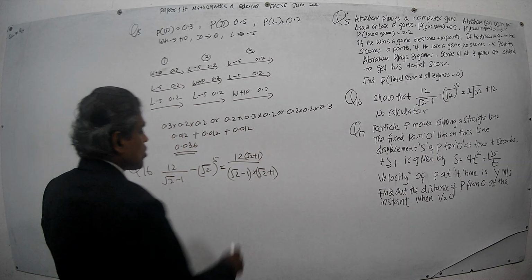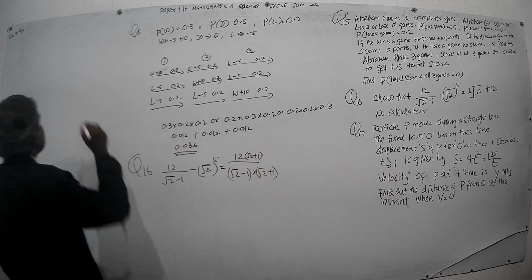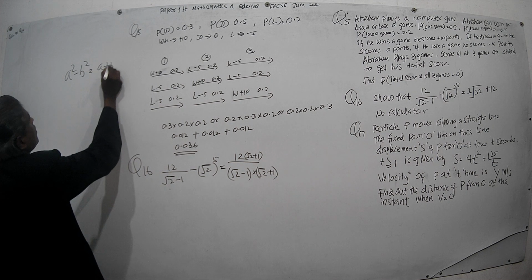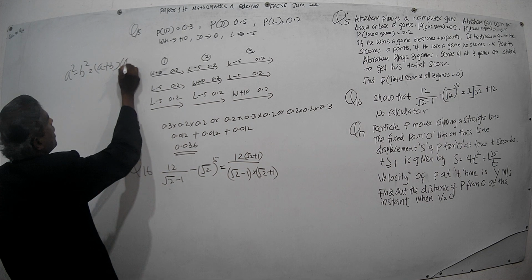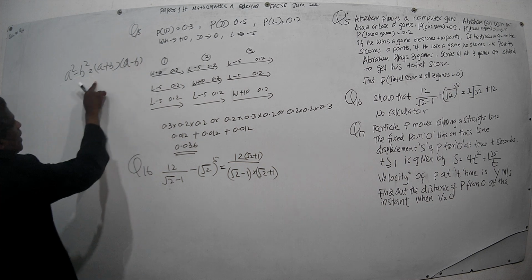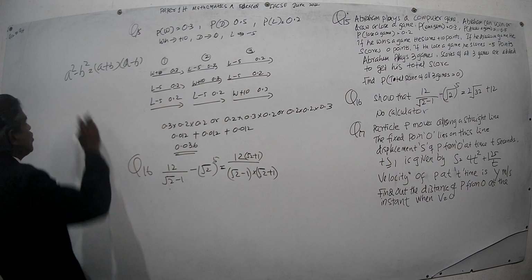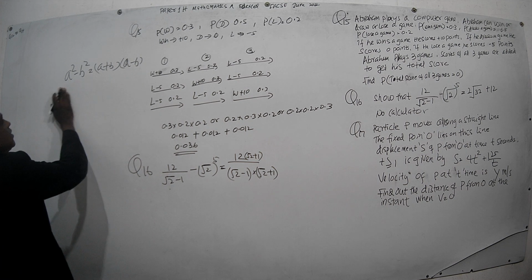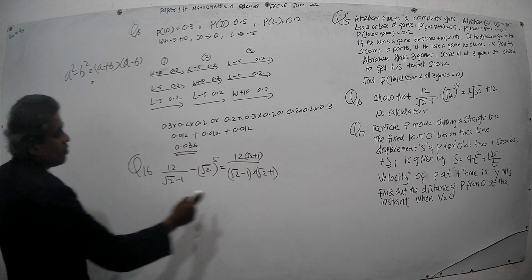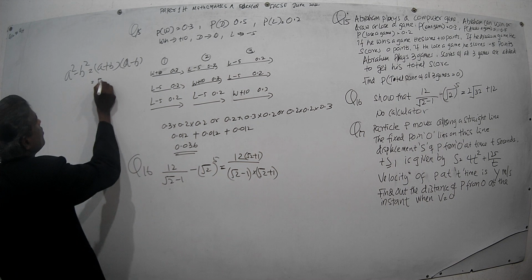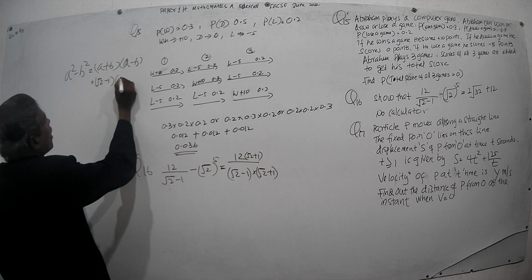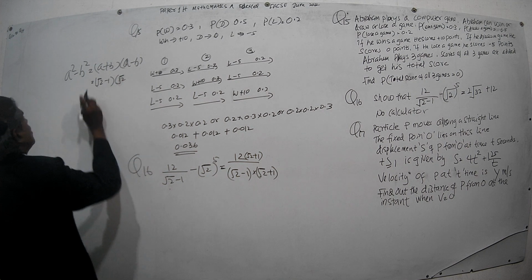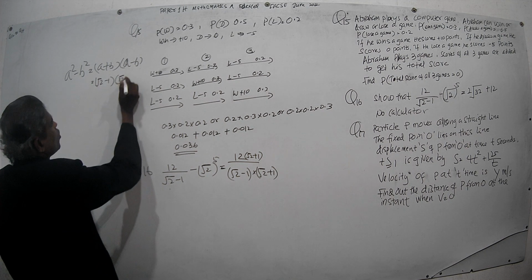Then here you apply the principle: a squared minus b squared equals a plus b times a minus b. This is the difference of two squares. When you have this, you can write this instead. Now look at this one here: square root 2 minus 1, square root 2 plus 1.